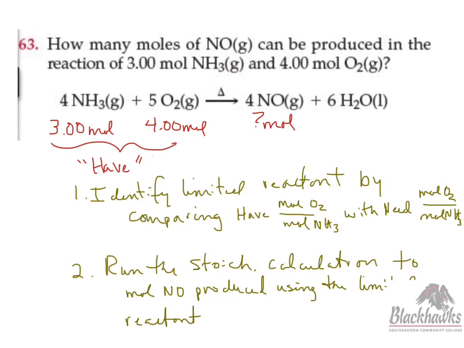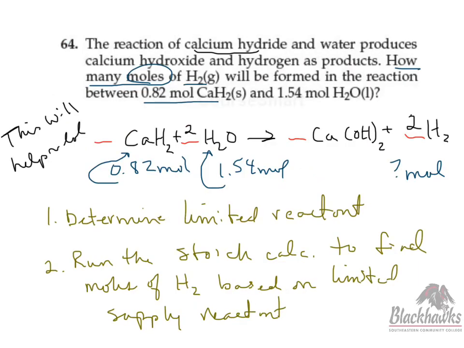Then when you identify the limited reactant, you do your real stoichiometric calculation, which is the question mark moles of NO. I'll try to save these as PDFs and make them available. This is the next problem, and if you want to jot down that balanced reaction, that would be good. This will help.